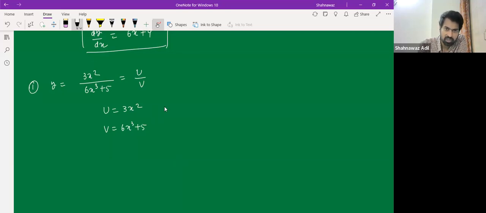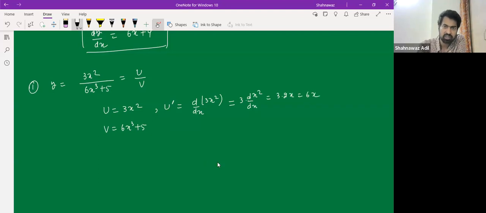So what would be u dash? This would be d by dx of 3x square, right? Yes, sir. So let me directly write it. So this would be 3 into 2x, so 6x.